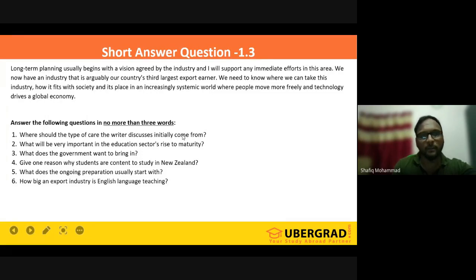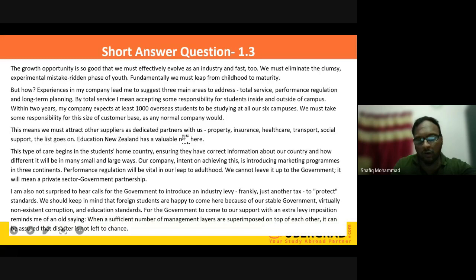And another answer is also there. Yeah, I think that is more than enough. Even some people write care also. So care also is given, is the right answer.